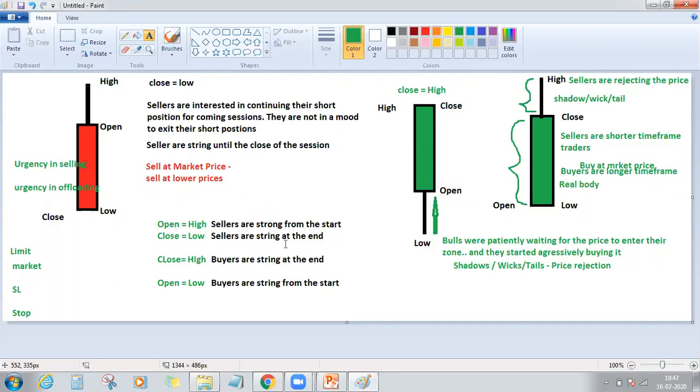Now, sometimes the lower shadow will be very long and the body will be very short. Even in this case also, the upper shadow will be very long and the body will be very small, even in the case of this red candle. So let us look at those variations now.